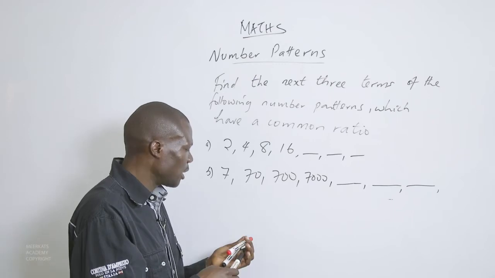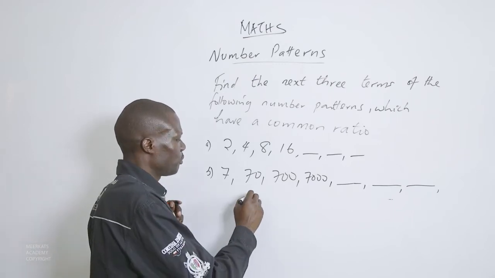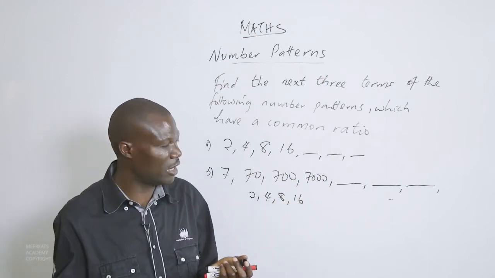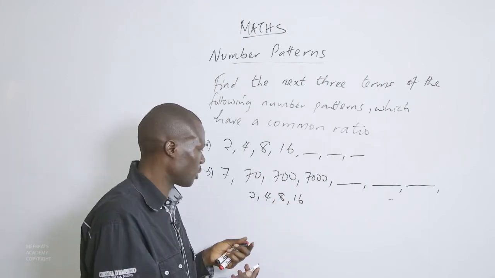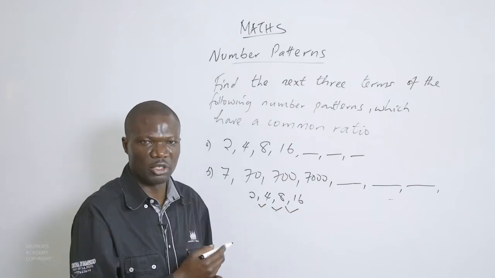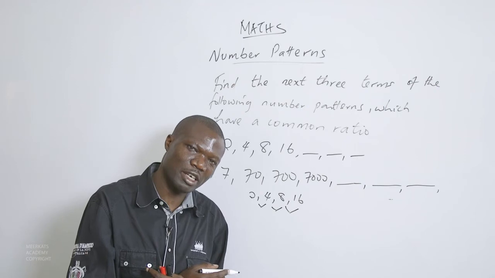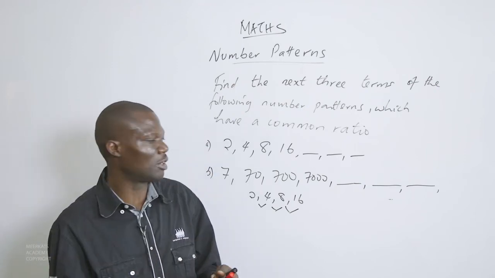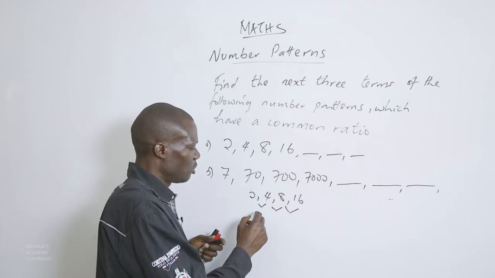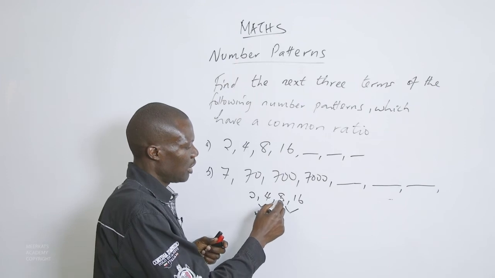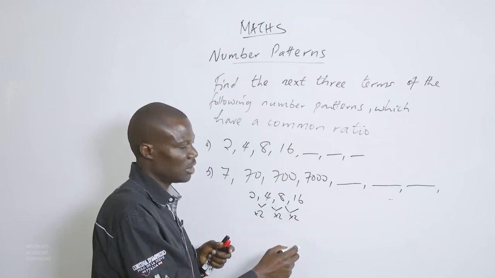So for the first one, where we have 2, 4, 8, and 16, it is very straightforward. You can see that the relationship between the terms is that the previous term, when multiplied by 2, gives the next term, and so on. So 2 times 2 is 4, 4 times 2 is 8, 8 times 2 is 16.